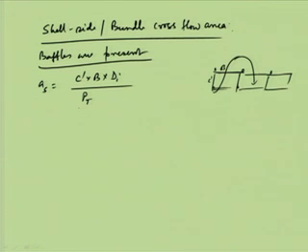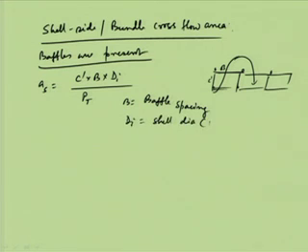Now, AS is this, where B is the baffle spacing, DI is the shell inner diameter, and AS is the flow area.